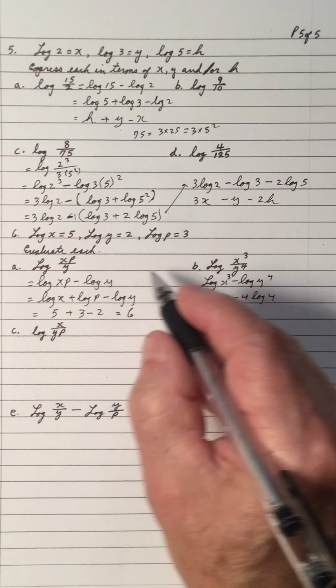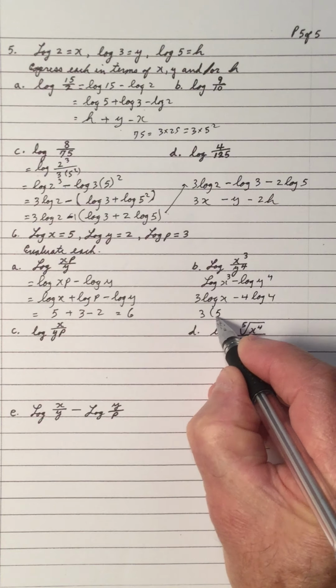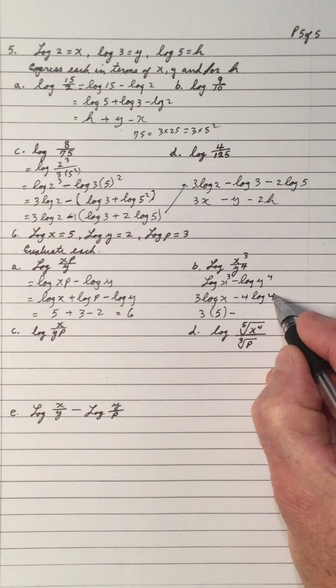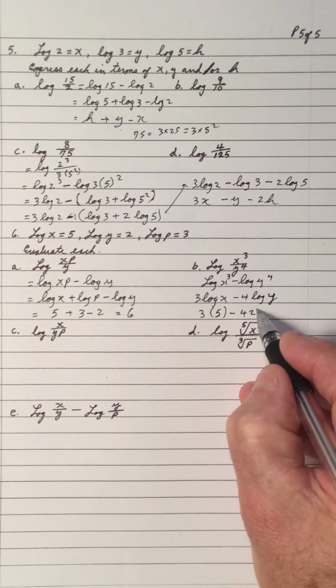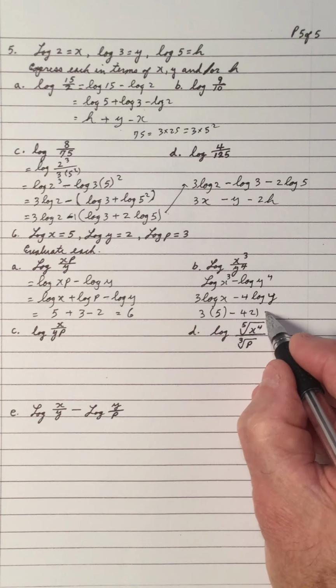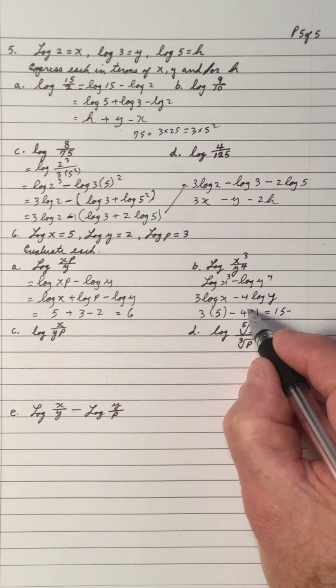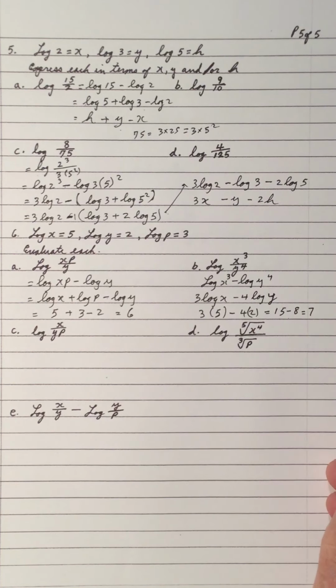And log x is, let's look back, log x is a 5. And log y is 2. So that simplifies. We multiply first, 15. And that gives us an 8, which ends up to be a 7.